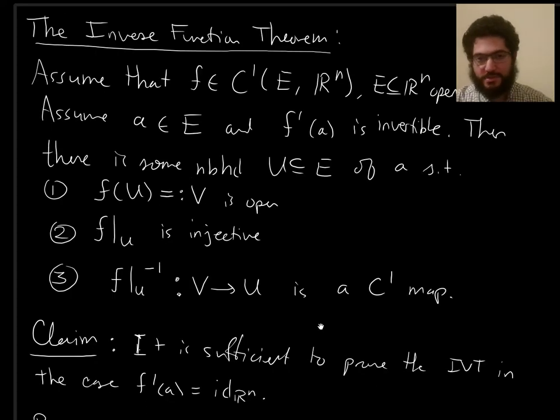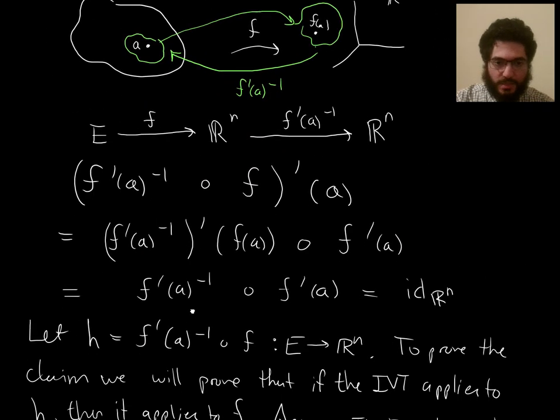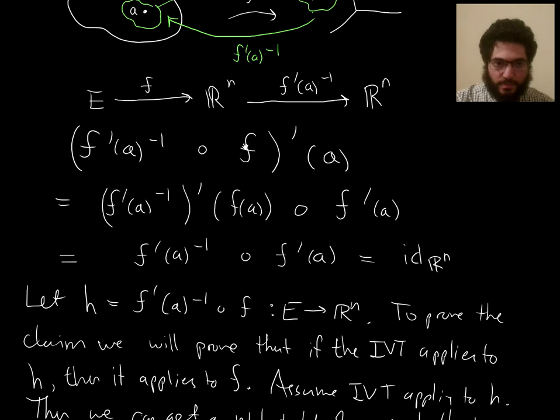Okay, so what we've done so far is basically carried out a first step for the proof of the inverse function theorem. This is our full inverse function theorem, and from the assumptions of the inverse function theorem, we reached this situation where this composition is a C1 map, and its derivative at A is the identity.